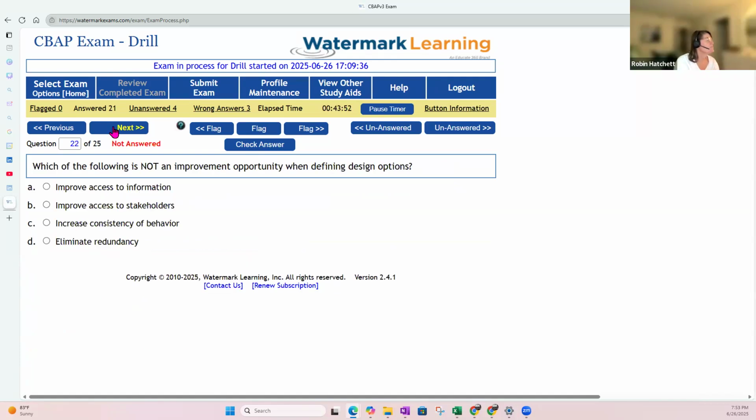Which of the following is not an improvement opportunity when defining design options? Improve access to information, improve access to stakeholders, increase consistency of behavior, or eliminate redundancy. 3 of these are on the list. 1 of these is not. So let's start at the bottom.